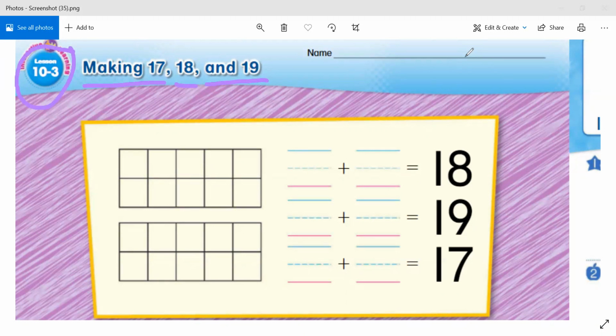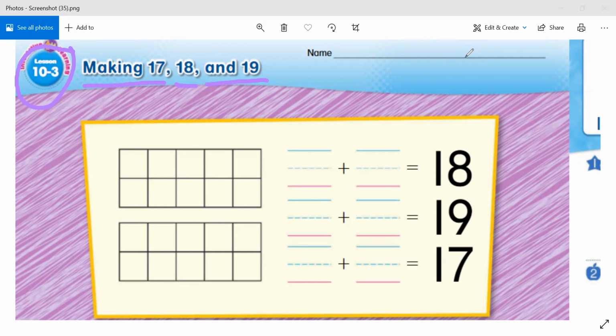All right, let's look at our work mat here. Let's say that Naeem has made 10 candy apples for the school carnival. Now, how many more does he need to make to have 18 for his carnival booth?